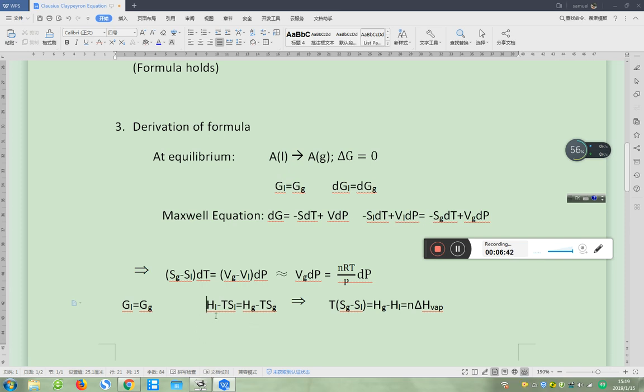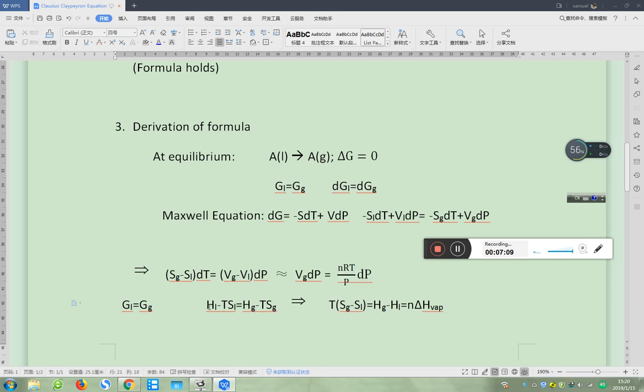If we plug that into this expression, we get the enthalpy of the liquid phase minus the temperature times the entropy of the liquid phase, equals the enthalpy of the gas phase minus the temperature times the entropy of the gas phase.